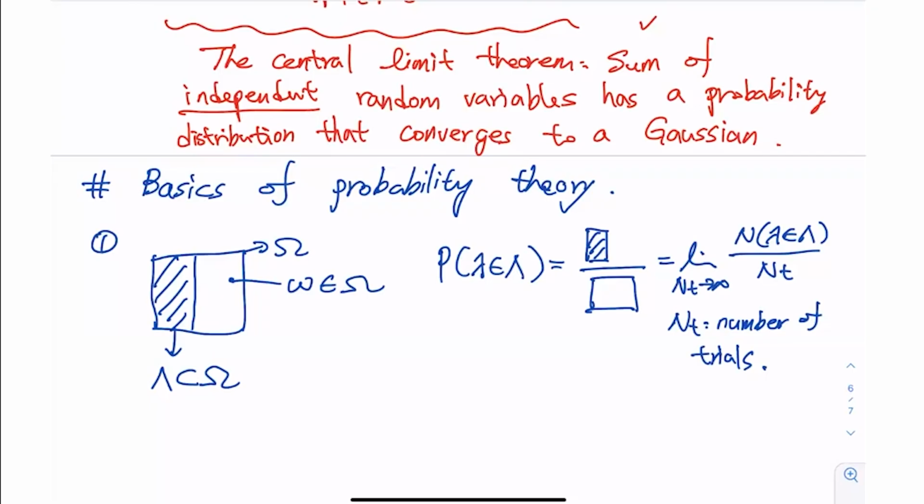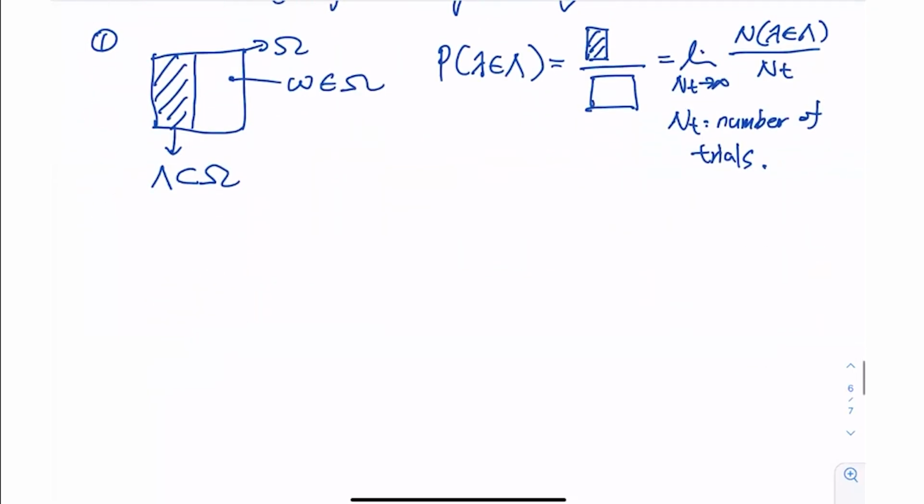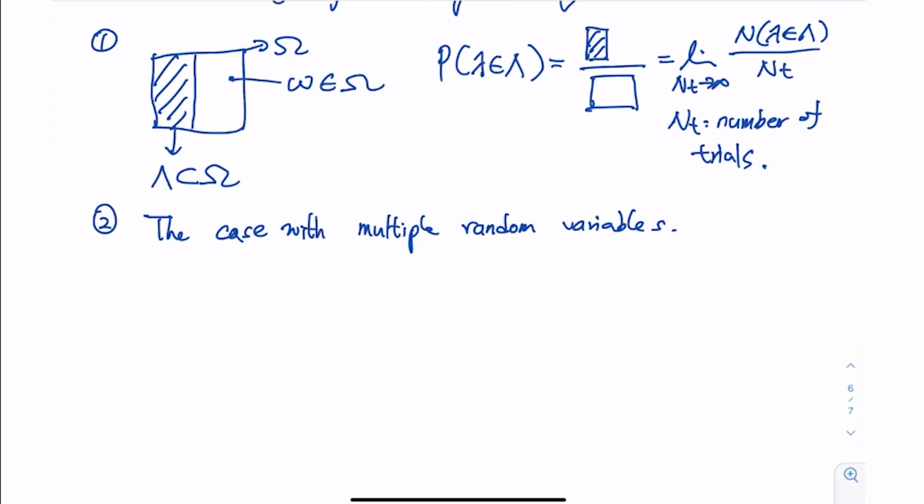So now I'm going to say a little bit more about the case where we have multiple random variables. For the case of multiple random variables, there are some important concepts that I need to discuss. One is the joint probability, that is denoted by P(A,B).